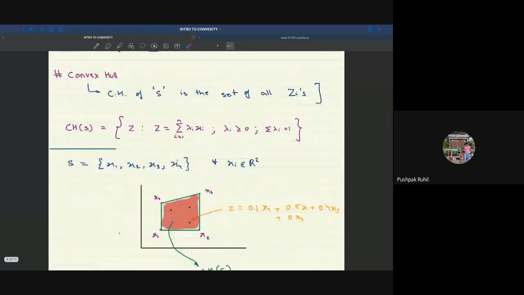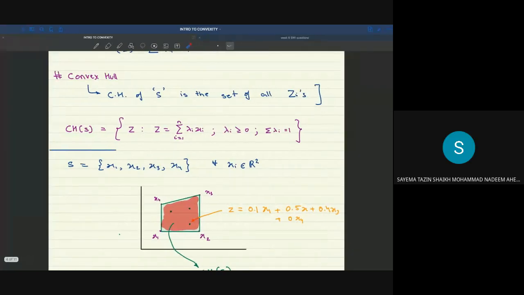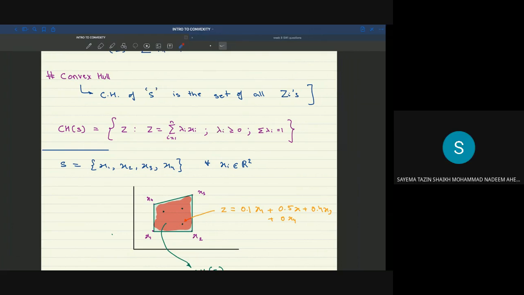So, convex hull. Can we say that the set of all those convex functions is convex hull? I don't think so. Convex combination, I think, or the definition above. Can you repeat the statement that you're saying? The set of all Z basically means convex hull.